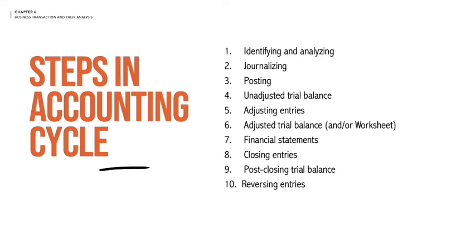We also prepare the post-closing trial balance, and lastly, an optional step as well, we do the reversing entries. As I mentioned, for this topic we'll be discussing identifying and analyzing business transactions, and the same with journalizing.